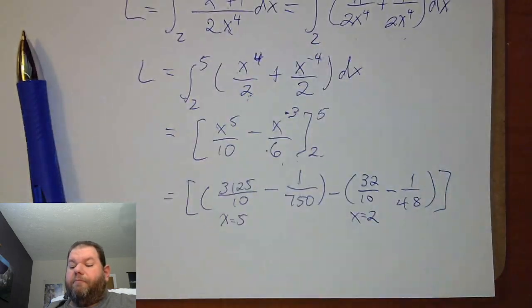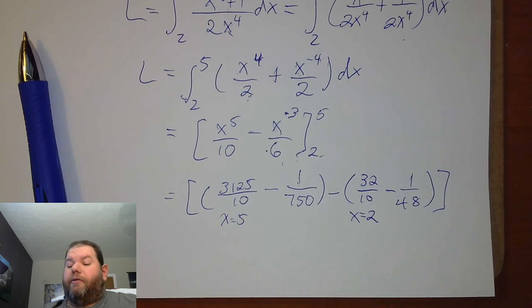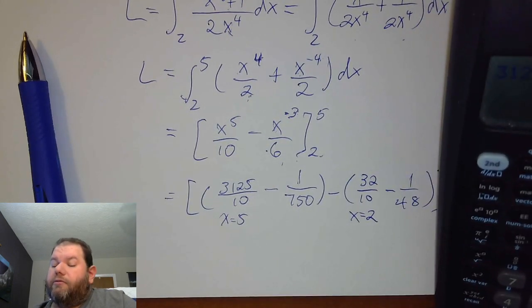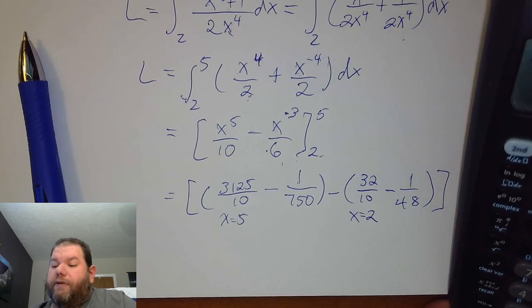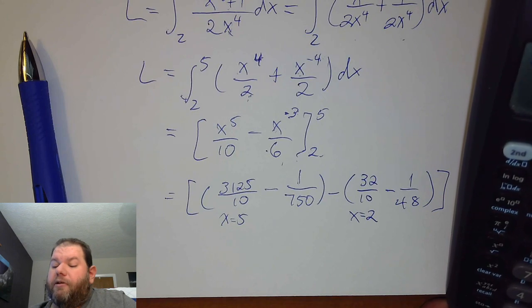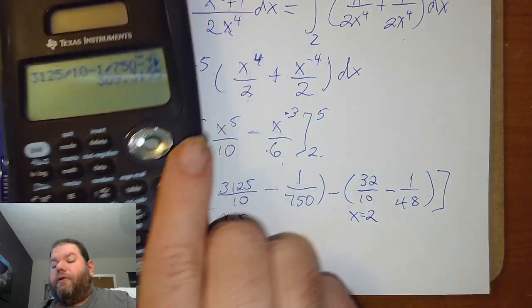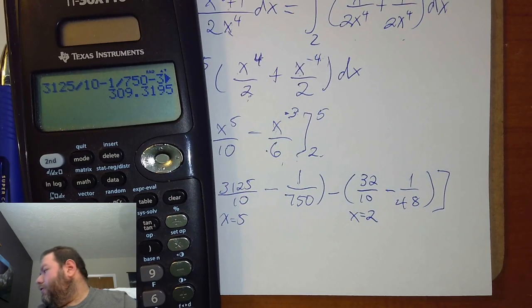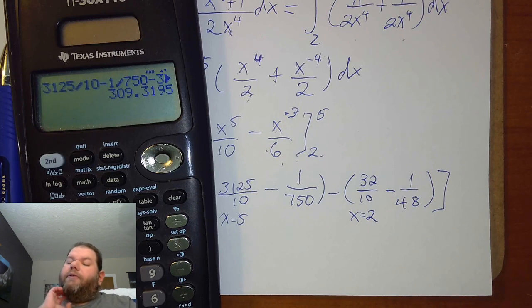I don't remember what that denominator actually is. Common denominator, let's see, if 750 and 48, those have a 3 in common and a 2, so they have a 6 in common. And that's it.